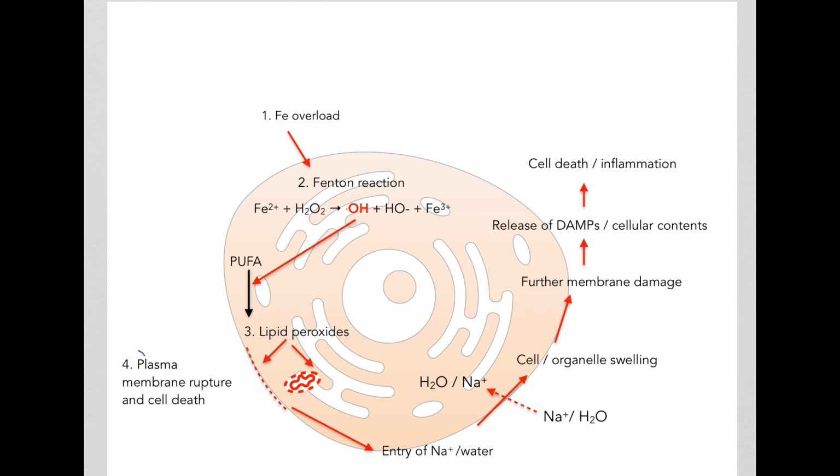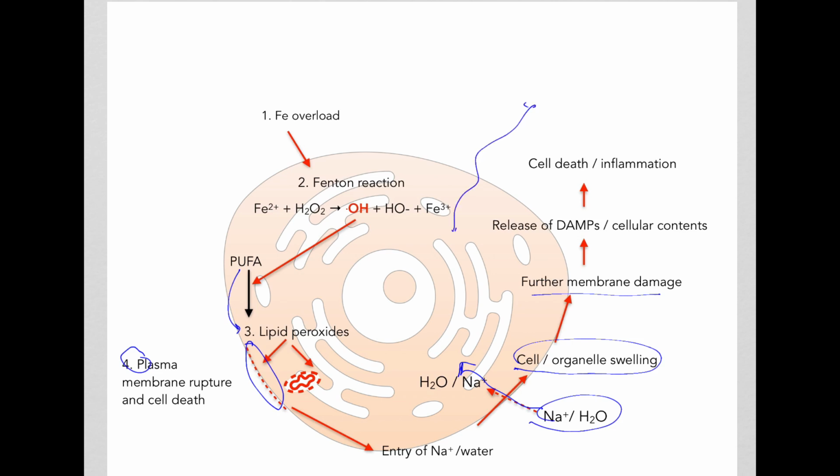For example, if the plasma membrane is ruptured or becomes more permeable due to the conversion of these PUFAs to PUFA peroxides, sodium and water can enter the cell, as we saw several times before in other programmed cell deaths. That can lead to swelling of the cell as well as organelle, further membrane damage.